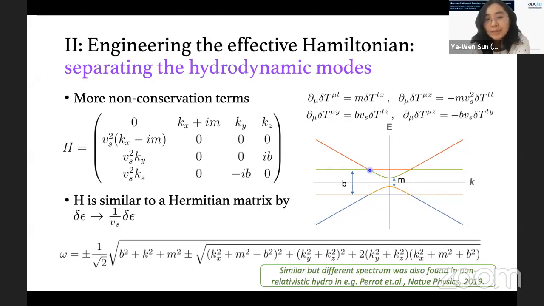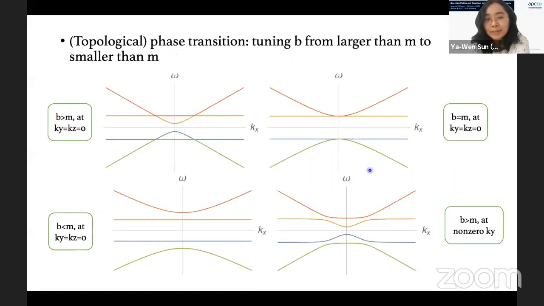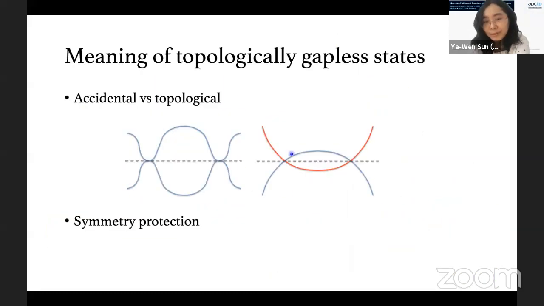But when a crossing node is an accidental one, it's not topologically protected, or we say it is topologically trivial, it means that a small perturbation would open this gap. So we can easily see from these two figures, this one is accidental and this one is topologically protected, because this is a band and this is a band, and a small perturbation would only change the position of the two bands relative to each other. So the crossing is always there, just the separation between the two nodes would change a little bit.